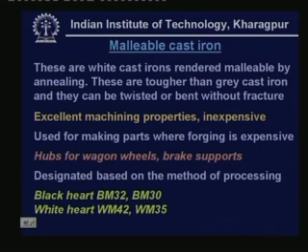In the other way, if it is white heart malleable cast iron, then we designate it as WM 42, WM 35, and so forth. So, these are the designations of malleable cast iron. This malleable cast iron appears to be a very good material for a machine element. You can see it has good machining property and it is inexpensive also.